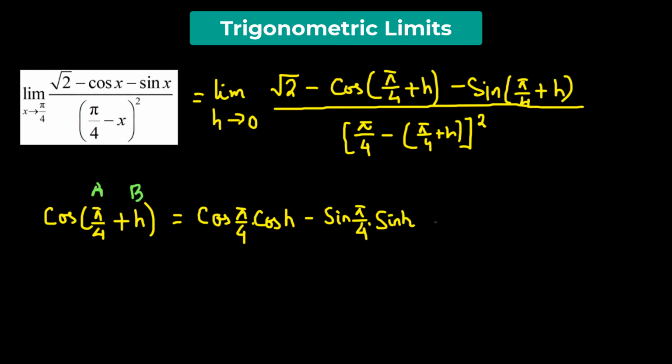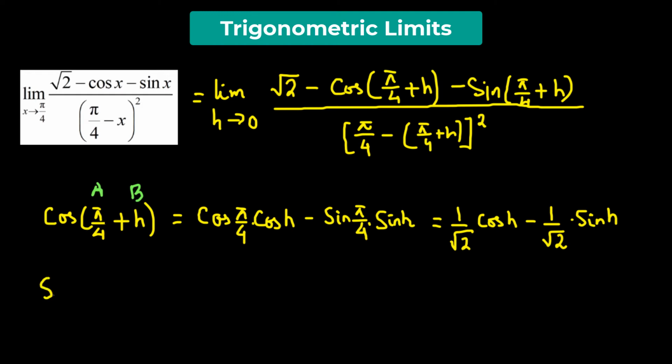Now we know the cosine of pi over 4 is 1 over root 2. So we have 1 over root 2 times cosine of h, and sine of pi over 4 is also 1 over square root 2 times sine of h.